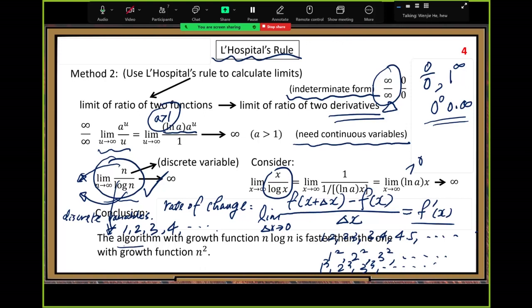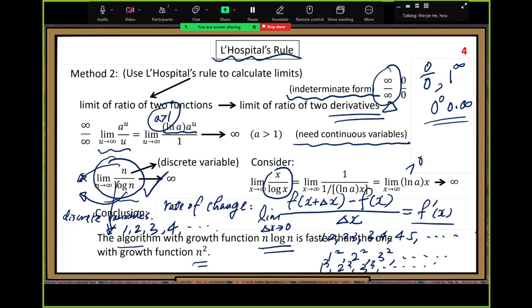If the growth function grows faster, the algorithm will be slower. So our conclusion is, our method 2 with this growth function, because this growth function grows slower than n squared, that means algorithm 2 is faster than algorithm 1.